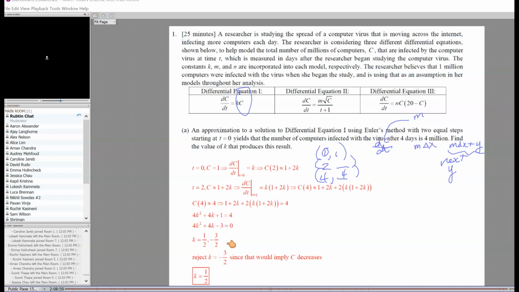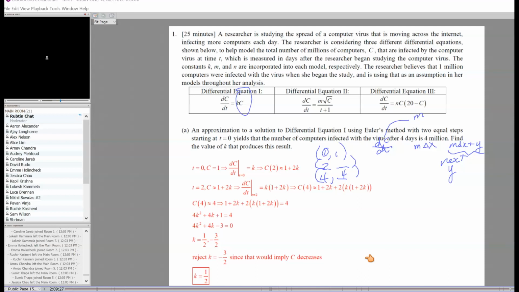Don't give both of those. If my k is negative, then this is going to be a decreasing function. And you know that this is a virus that's infecting more and more. How appropriate in this COVID age. Anyway, so yeah, you're going to get rid of this one, and then your k has to be 1/2. So it's a lot of good work on this.